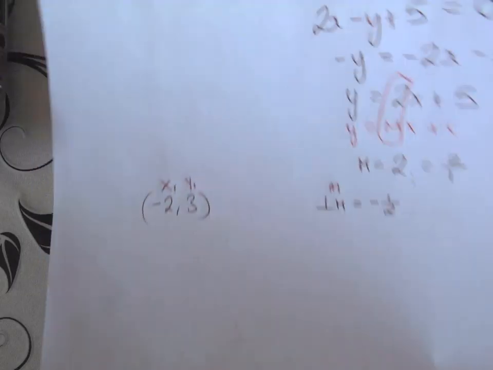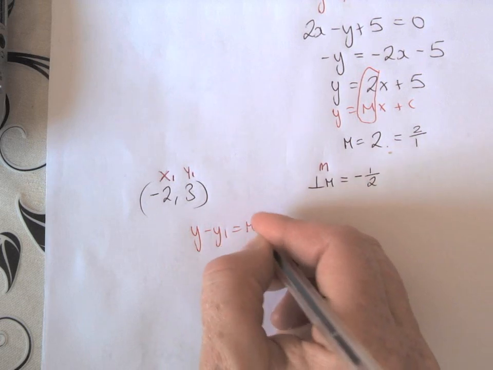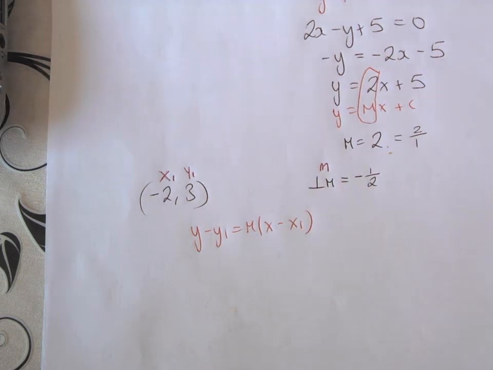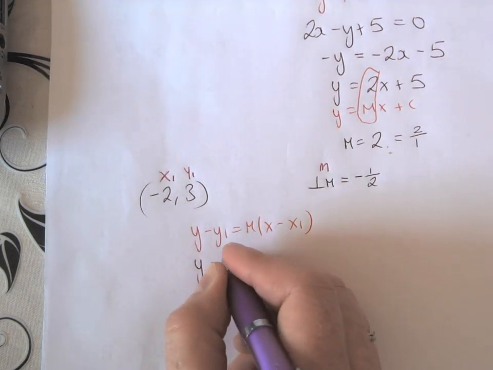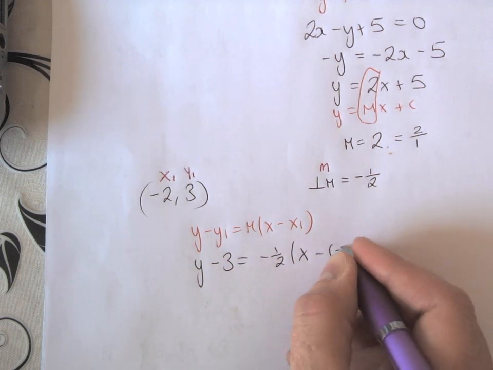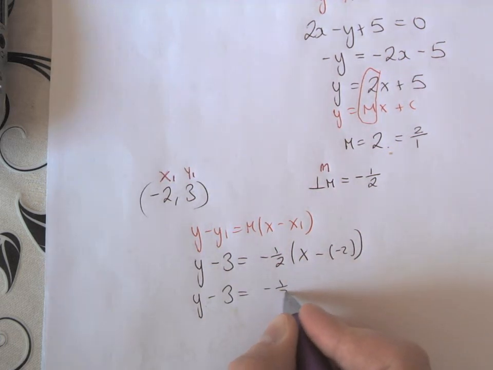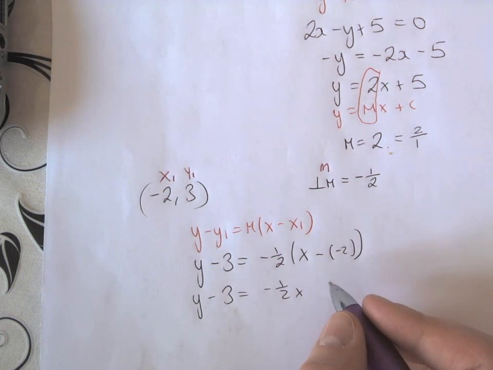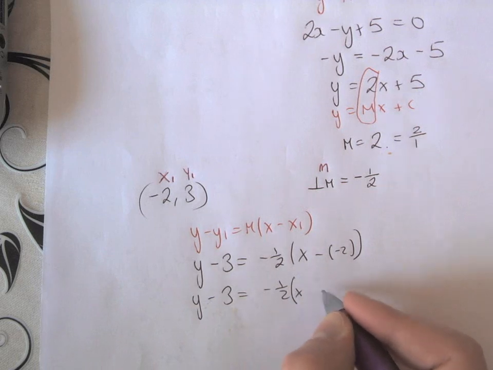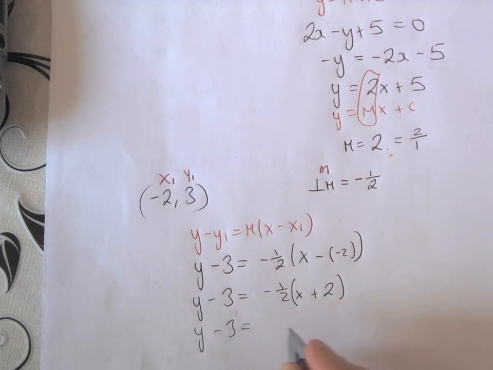Okay? So y - y1 = m(x - x1). So y - 3 = -1/2 (x - (-2)). Actually, I'm going to just change this to a plus 2 first. So y - 3 = -1/2 (x + 2).